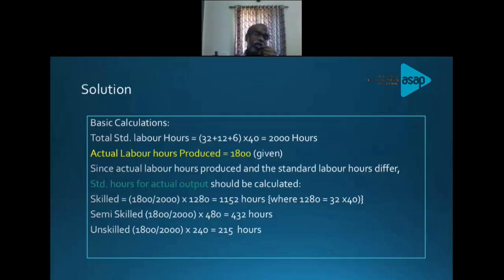What is this 1,280? You always remember, 1,280 is the total standard time for skilled workers. There are 32 skilled workers as per the standard, and they are expected to work for 40 hours.